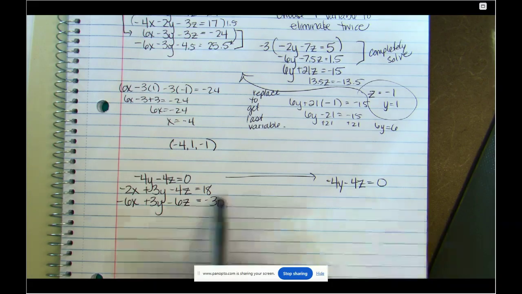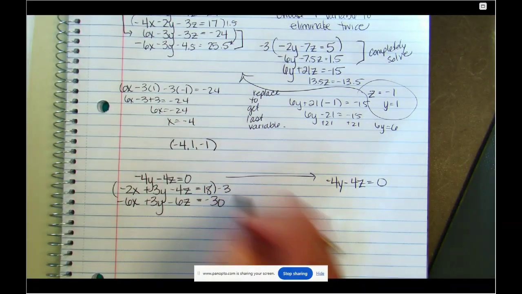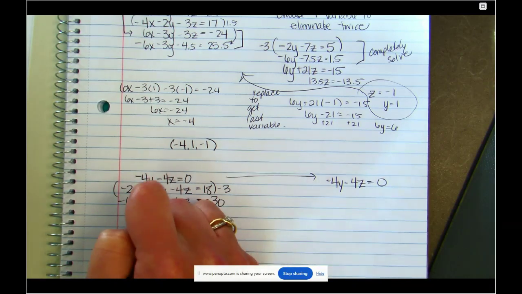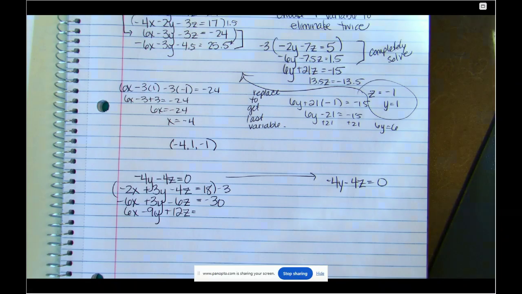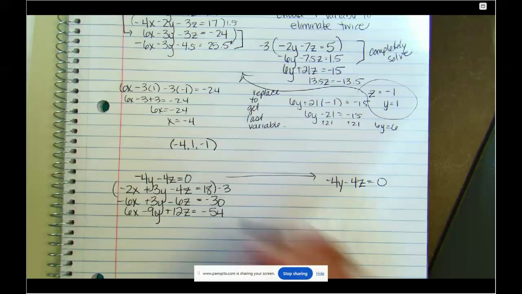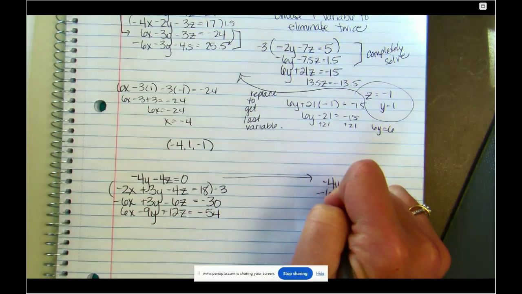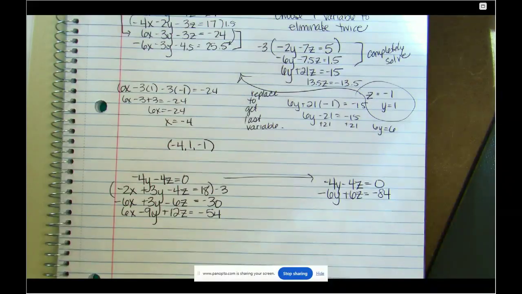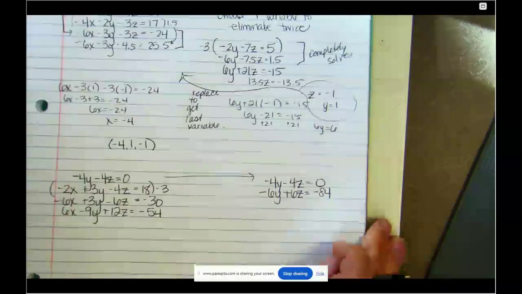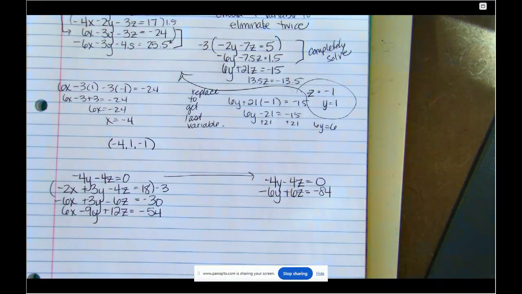So if we're going to eliminate the x, what do we need to do with these guys? Go ahead and keep going. If you can get all three of them, please.